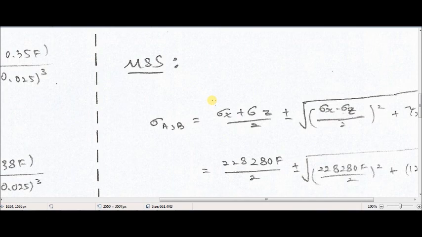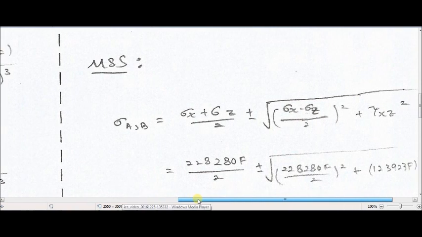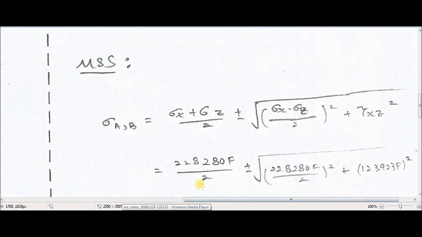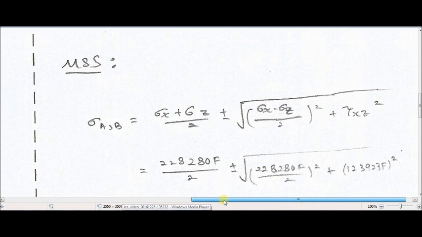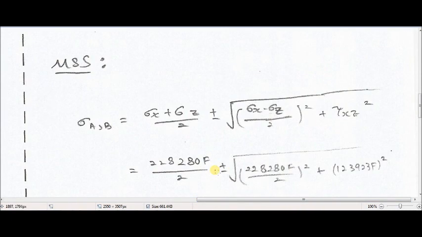For the second attempt, this time I would like to find F by using maximum shear stress theory.